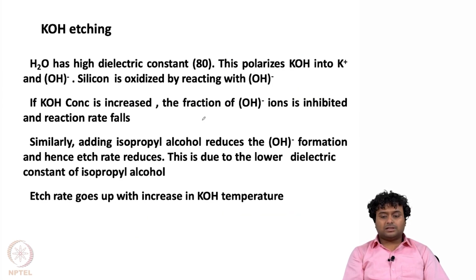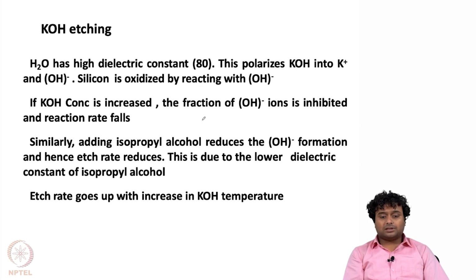So how does KOH etching exactly work? H2O has a high dielectric constant, about 80, and it polarizes KOH, which becomes K plus and OH minus ions, like it ionizes into its cation and anion. Now silicon is oxidized by reacting with these OH minus ions, right.